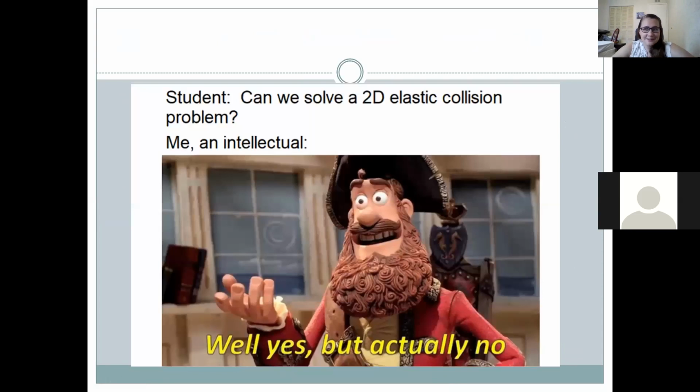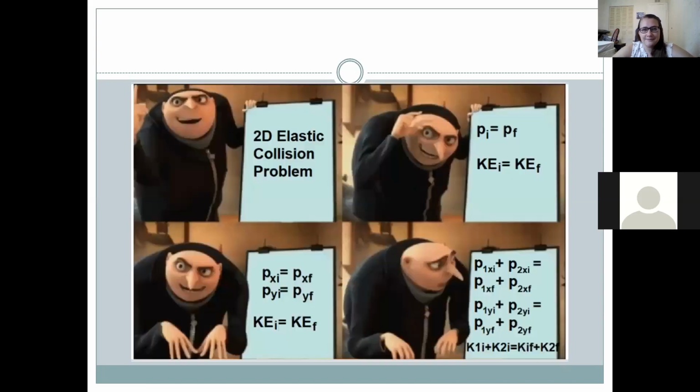So you might be asking at this point, can we solve a 2D elastic collision problem? And yes, you can, but it's really kind of a painful process to do so. And here's why. When we're dealing with 2D elastic problems, we have conservation of momentum and conservation of energy.